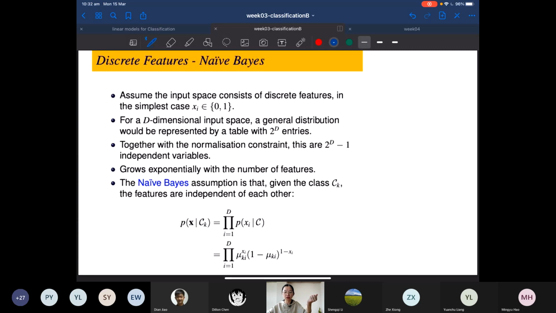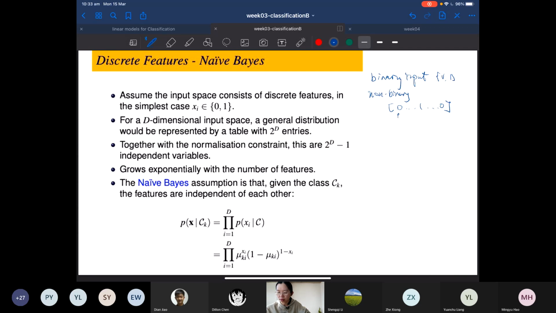So for discrete features, we can use the same logic. We primarily care about binary input, like 0 and 1. For non-binary features, we can encode them as a vector of zeros with a one in between.